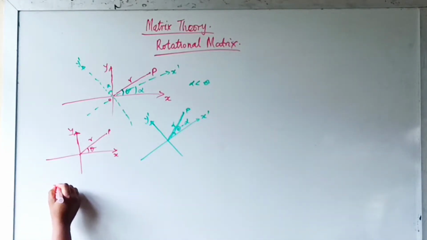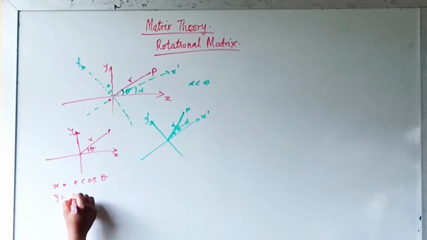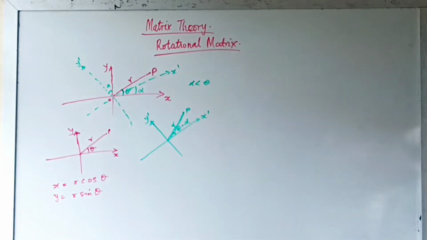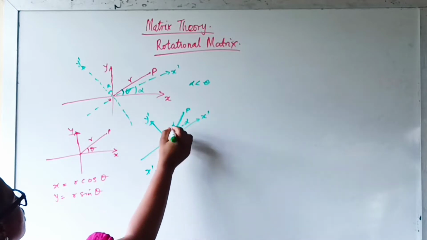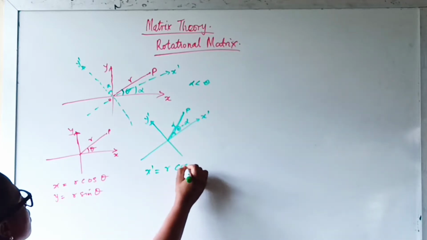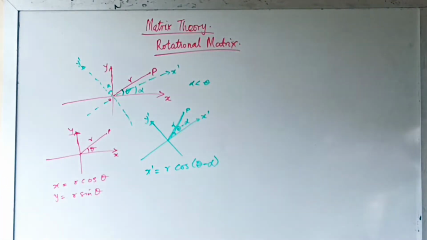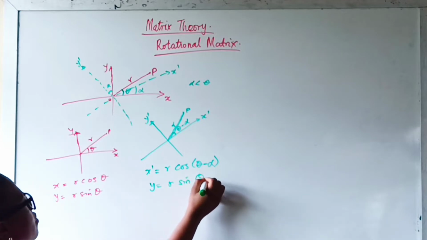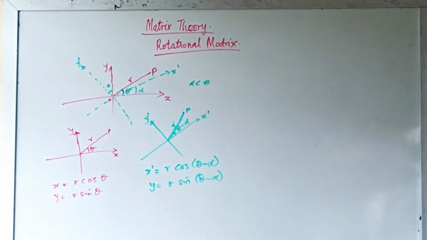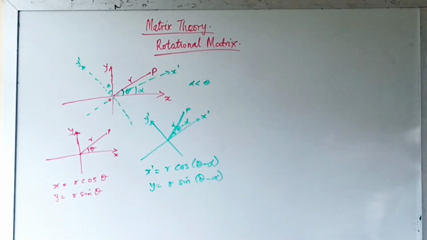Normally, the standard is that x is equal to r cos theta and y is equal to r sin theta. Now this rotated matrix is just the same thing. X prime is equal to r cos of the angle, which is now theta minus alpha. Then y prime is r sin of theta minus alpha. But we don't want theta, since it was rotated about alpha.